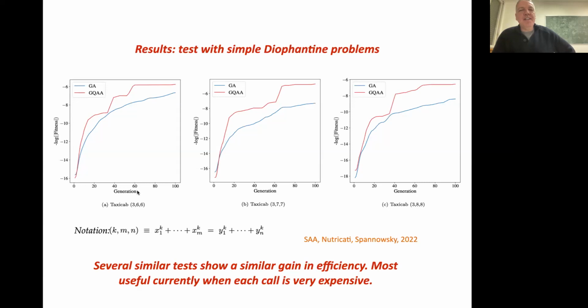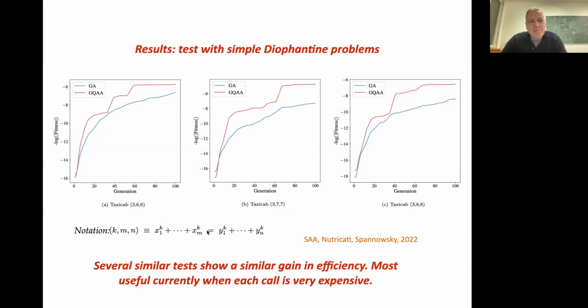What we can do is take a simple problem, and the problem that I'm taking here is to find solutions to this equation. It doesn't really matter what the equation is, but say you have this problem. I want to find an equation where I have the sum of 8 cubes in 2 different ways.